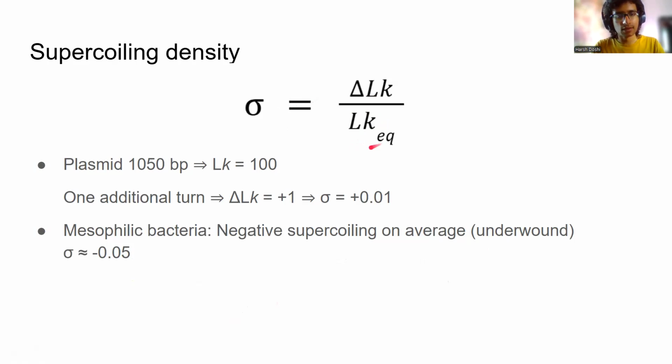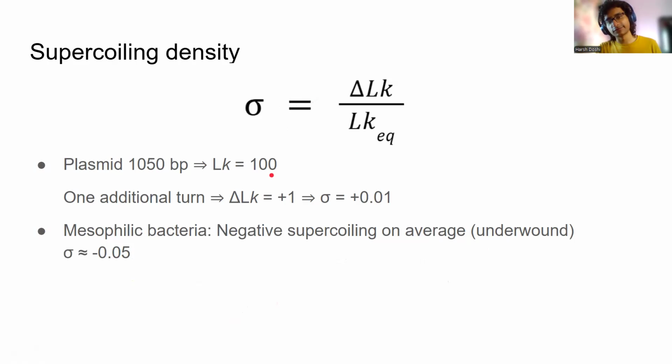So for example, if I take a bacterial plasmid, which is a circular chromosome, and in normal conditions each 360-degree turn of the DNA helix consists of 10.5 base pairs. If the plasmid is 1050 base pairs long, then we can calculate that the linking number, or the number of 360-degree turns, in this case only the twist, would be 100.